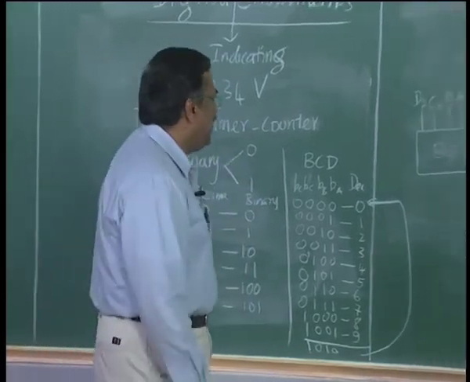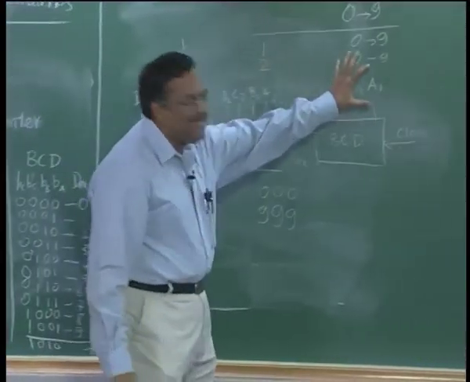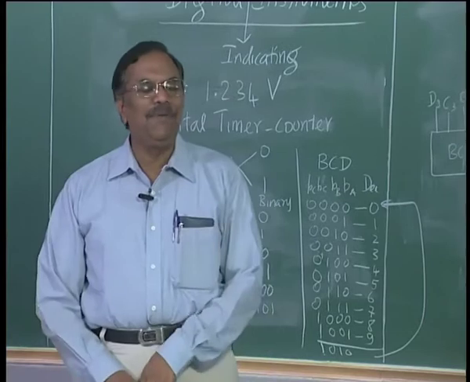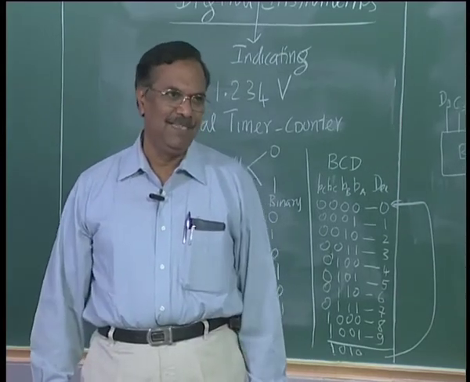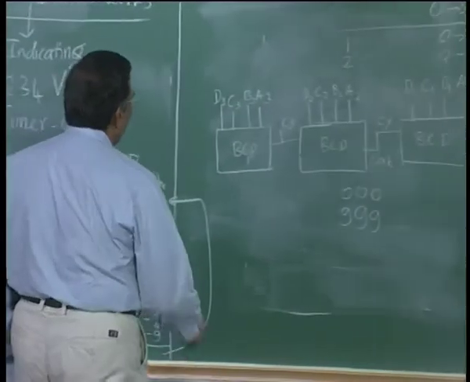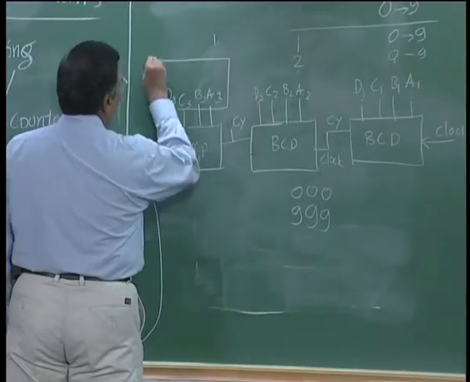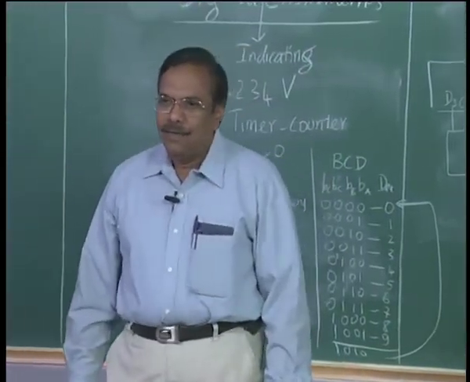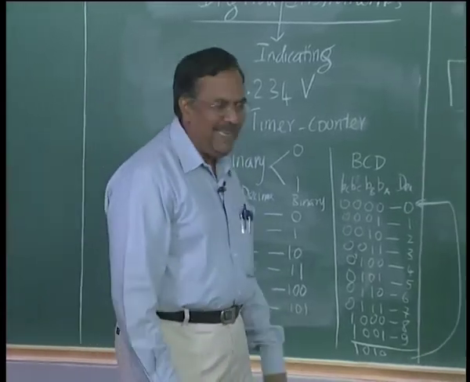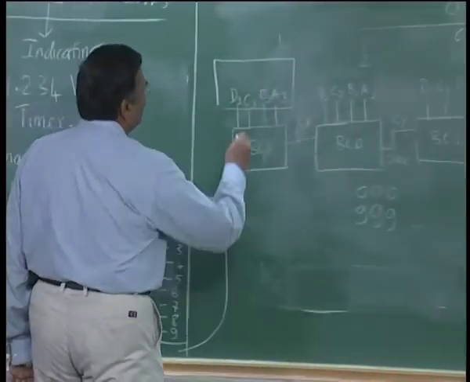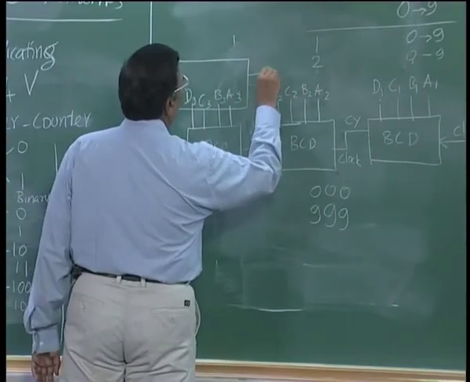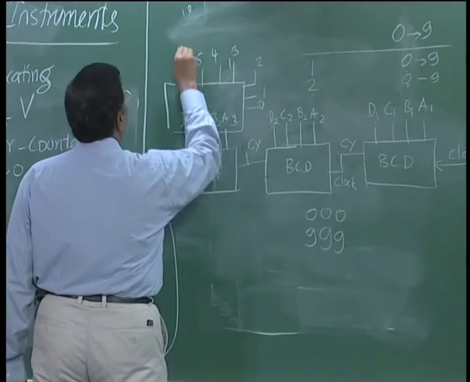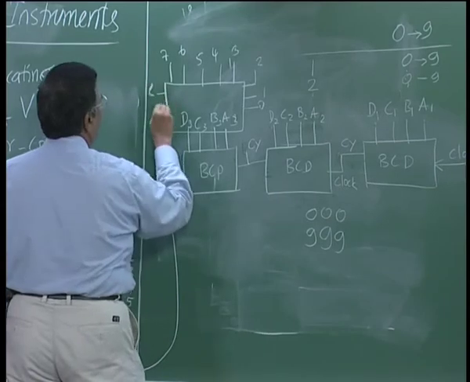So, instead it would be nice if I can straight away display it as decimal numbers, right. Initially people had a lot of difficulty with displays. The very first display that was made used another binary circuit which took A, B, C, D and then provided 10 outputs: 0, 1, 2, 3, 4, 5, 6, 7, 8, 9.